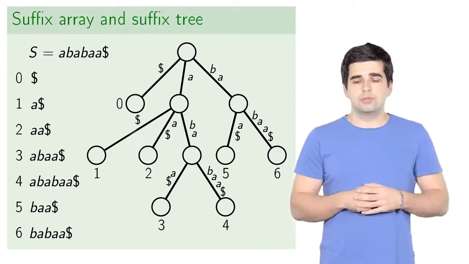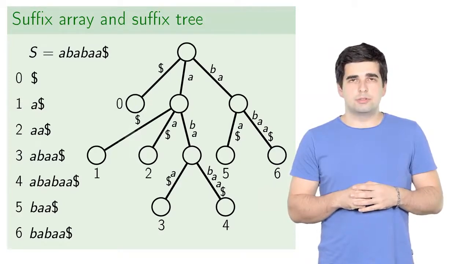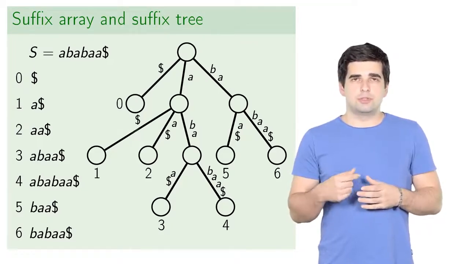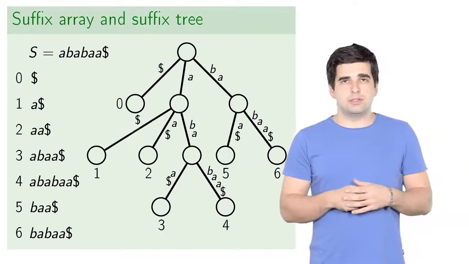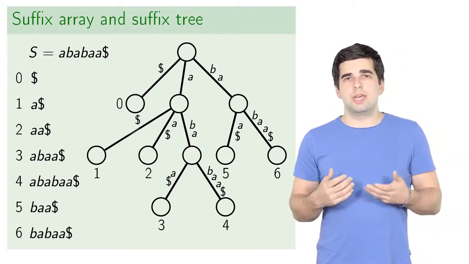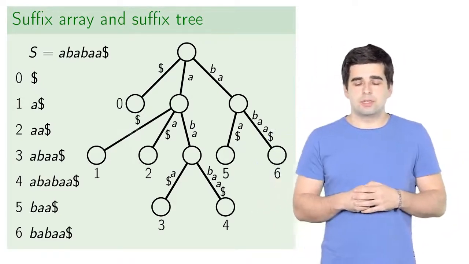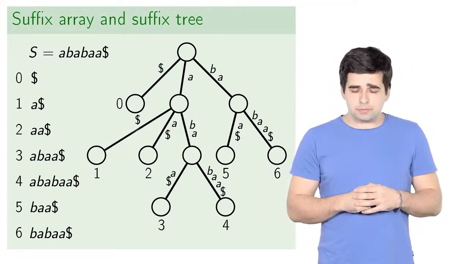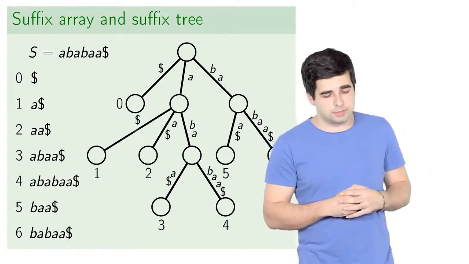And to store the nodes, we just store, for example, an array of pointers to the children nodes, and that array is indexed by the first character of the edge outgoing from this node into the child. And we can store the information about the edge itself in the node for which this edge is going from its parent. This is one of the ways to store everything, but you may organize everything in another way. The important thing is that you shouldn't store edges as substrings.